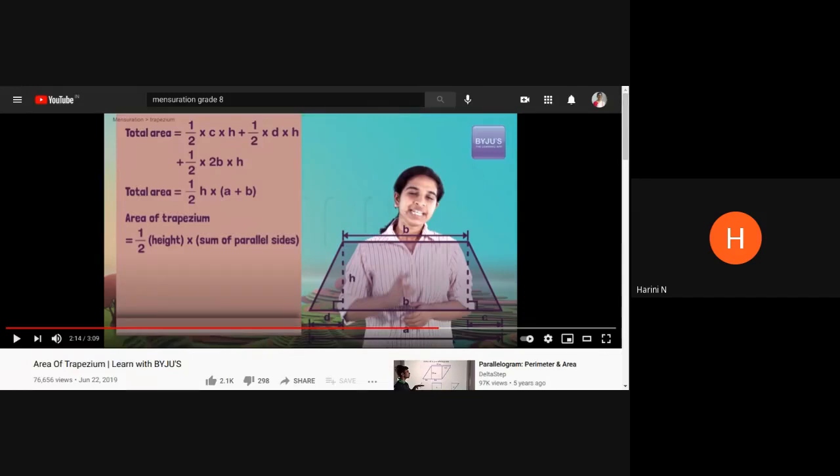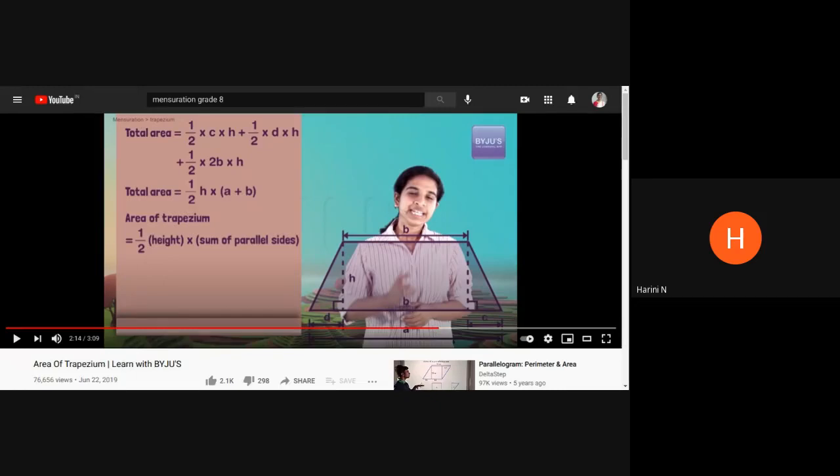Now if this is B, and the entire length of the trapezium or the bottom of the trapezium is A, and we mark this as D and this as C, that is the 2 bases of the 2 triangles as D and C. Then you will be able to write the area of this trapezium as the combination of area of triangle 1 plus area of rectangle plus area of triangle 2.